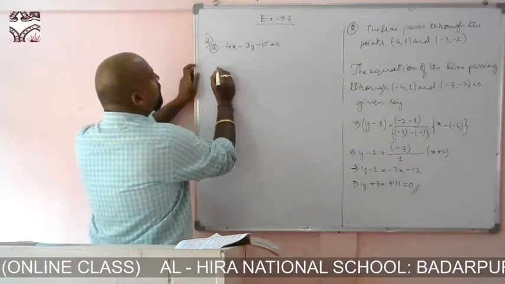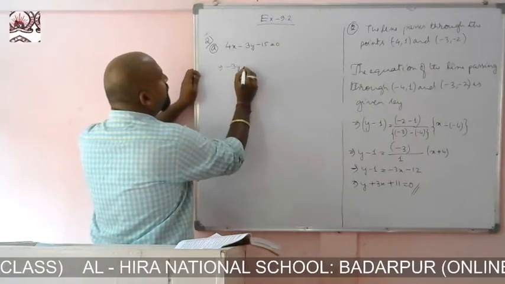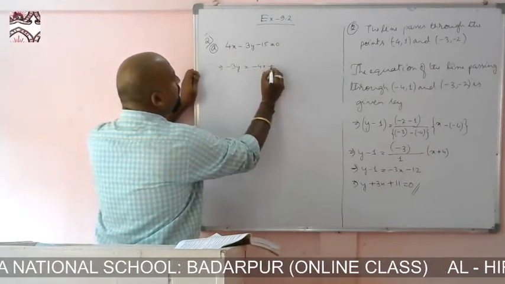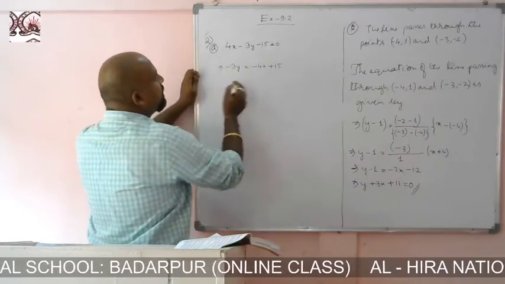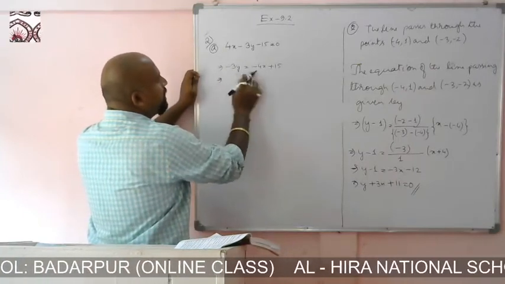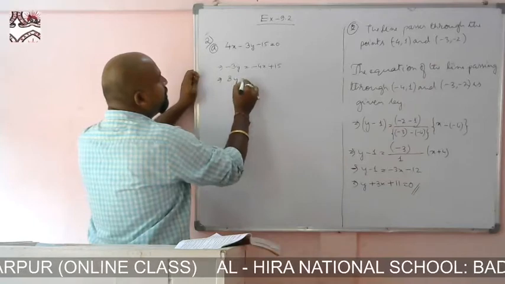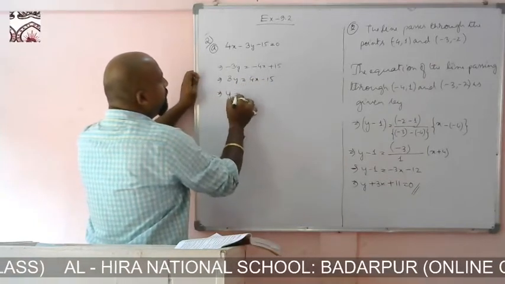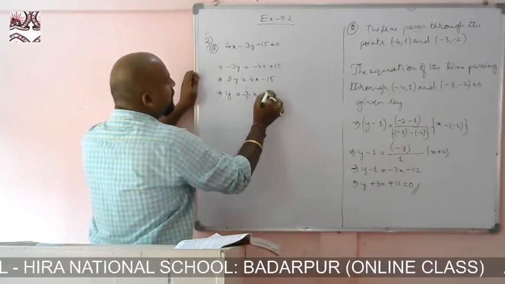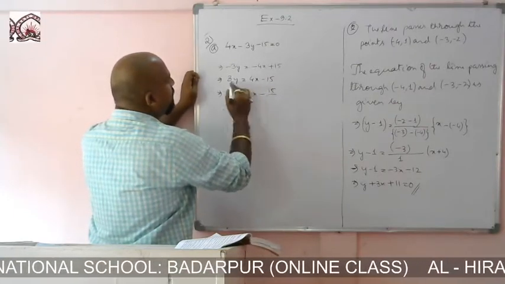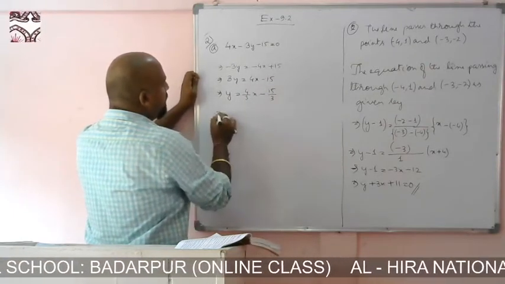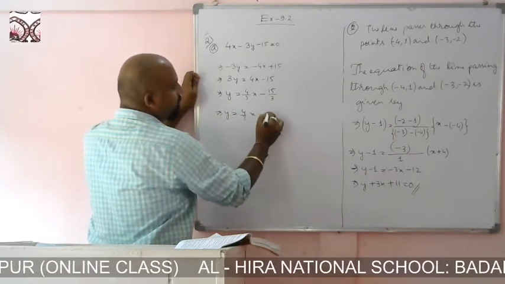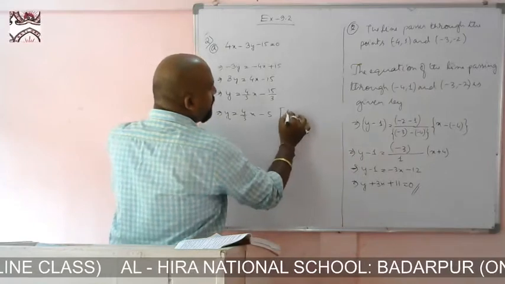Minus 3y equals minus 4x plus 15. Multiplying by minus 1, 3y equals 4x minus 15. Then y equals 4 by 3 into x minus 15 by 3, that is y equals 4 by 3 x minus 5.